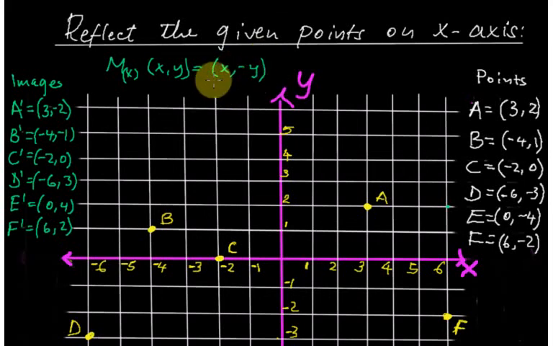So this is the formula. This reflection in the line x-axis will give you the image. So this is x dash equal to x, and y dash equal to negative y of the original. So this is the formula, and please make sure you put it into your mind.